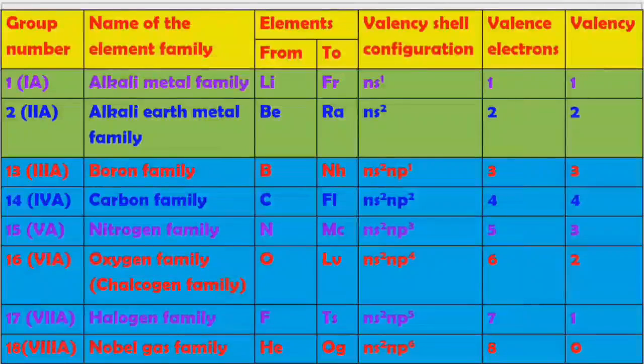Fifth A group elements have 5 valence electrons, their valence is 8 minus 5, that is 3. Sixth A group elements have 6 valence electrons, so their valence is 8 minus 6, 2. Seventh A group elements have 7 valence electrons, so their valence is 8 minus 7, 1. Eighth A group elements have 8 valence electrons, so their valence is 8 minus 8, 0.